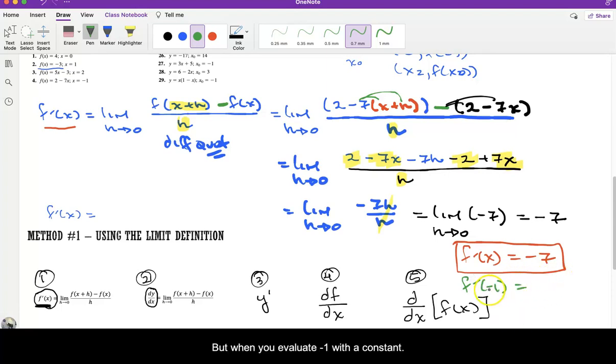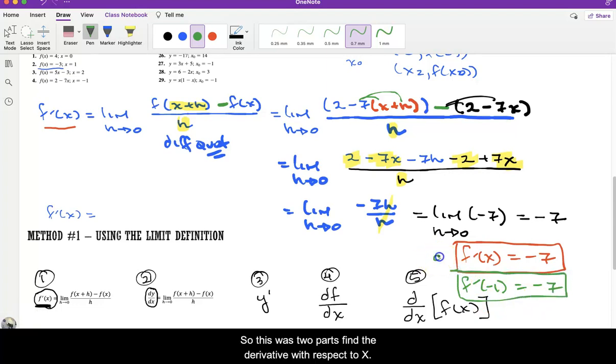But when you evaluate negative 1 with a constant, you're going to get that constant. So this was two parts: find the derivative with respect to x and find the derivative at that given point.